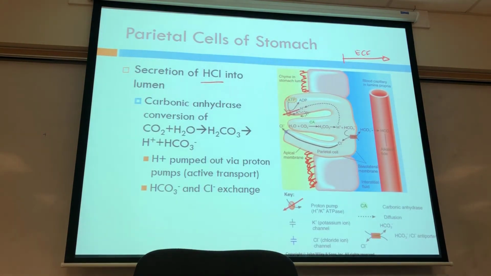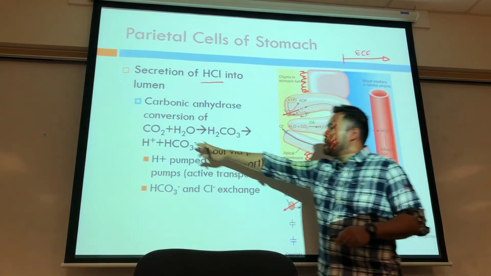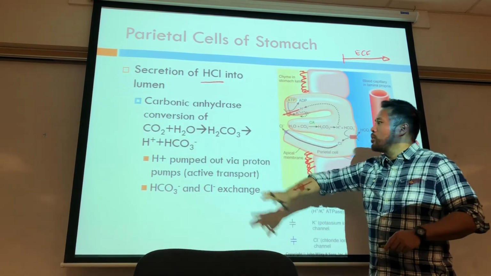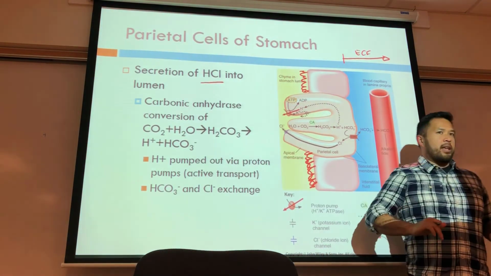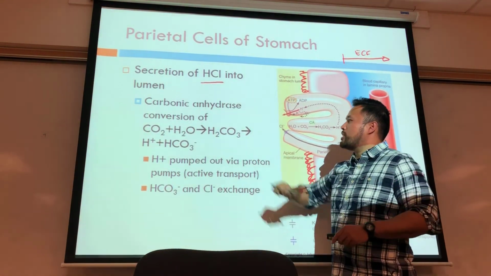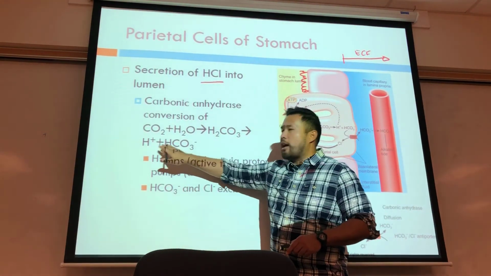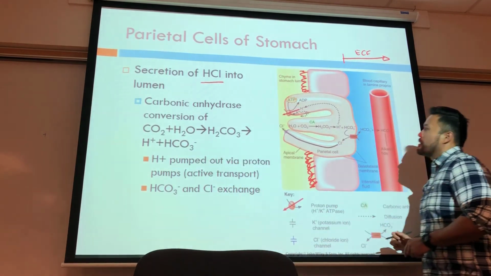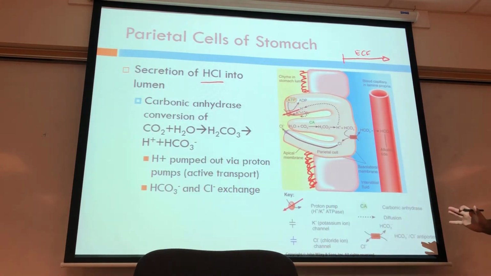So that carbonic anhydrase, again, our parietal cells that are embedded with these epithelial cells are going to convert, through the process, CO2, carbon dioxide, plus water into carbonic acid. And that carbonic acid will dissociate into our proton as well as our bicarbonate. So that process with carbonic anhydrase is the same.